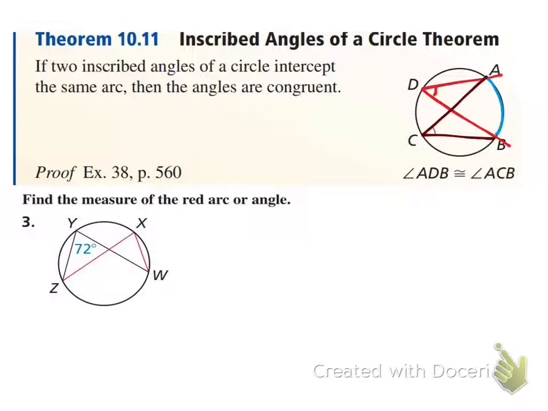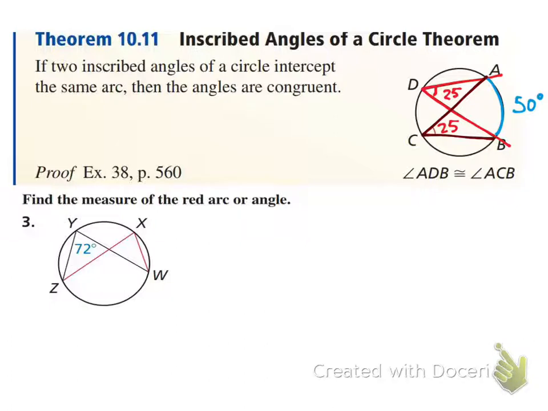AB also. Because they intercept the same arc, the angles will be the same measure. Does that make sense? If the arc was 50 degrees, then that means angle D would have to be 25. But angle C also intercepts the 50-degree arc, so it would also be 25. So in this section, you'll be asked to find congruent angles.